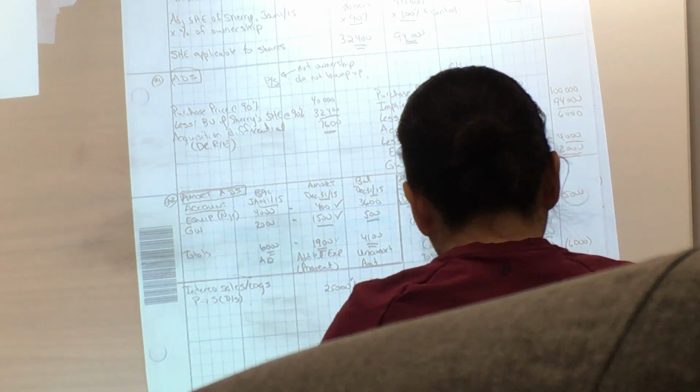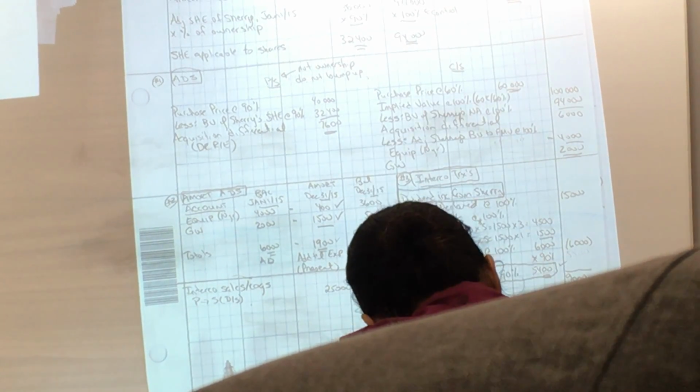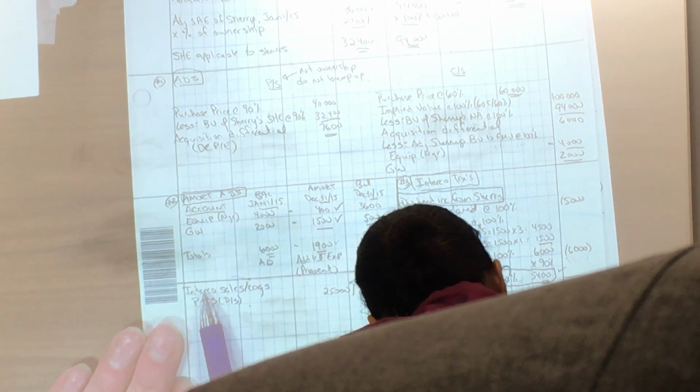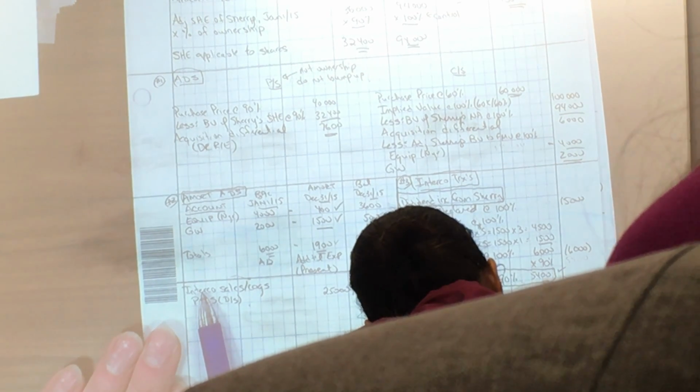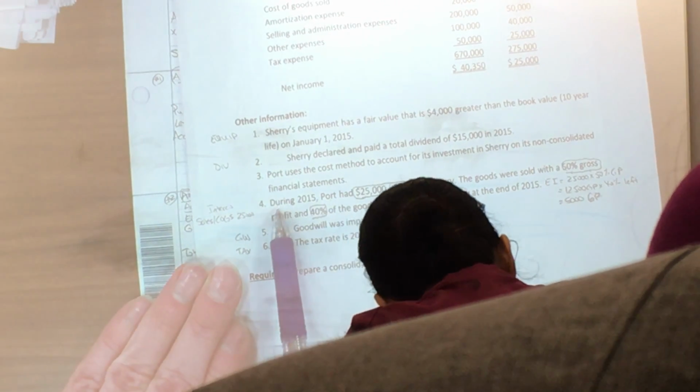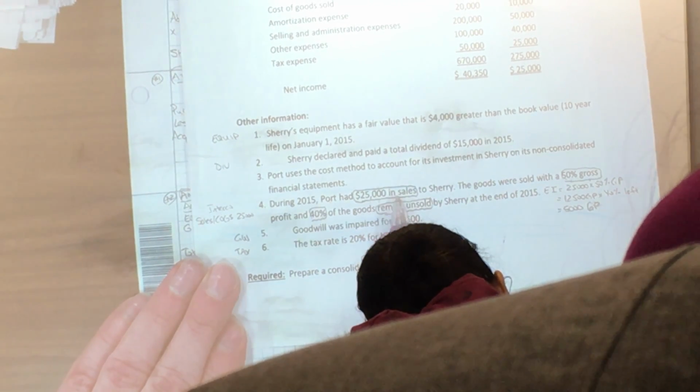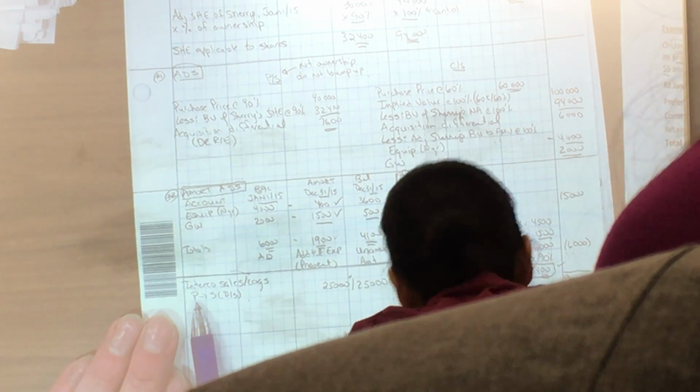Okay, so now what we need to do is continue on with our intercompany transactions. And we can see that we had intercompany sales and cost of goods sold. Point number 4, Port had $25,000 in sales to Sherri. So that's what we see right here.